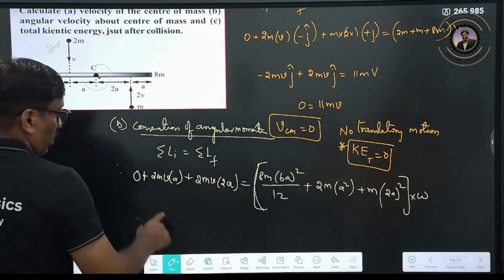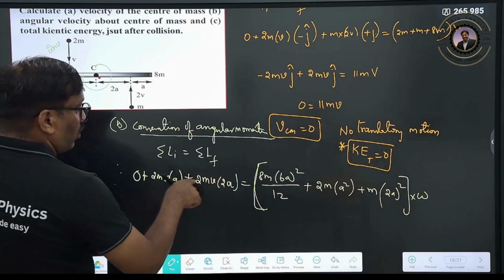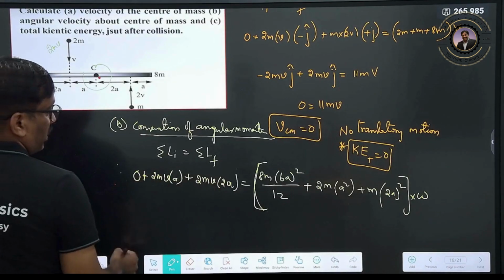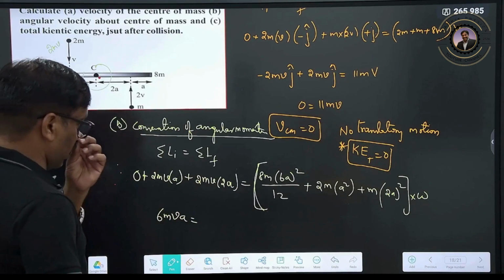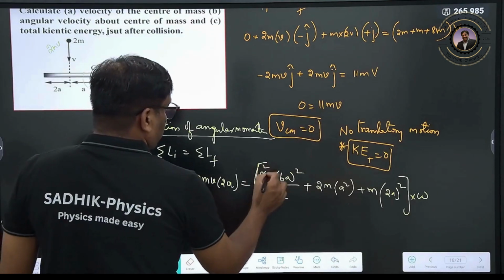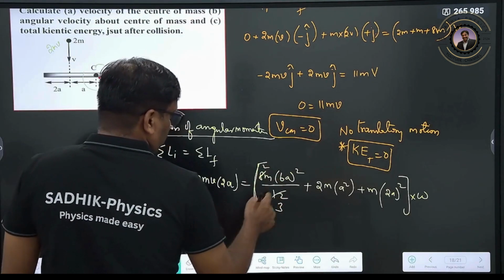So therefore this, how much now? It will be 2 MVA, 4 MVA, 4 plus 2, therefore 6 MV into A, it will be equal to, therefore here 4 2s are, therefore 4 3s are.